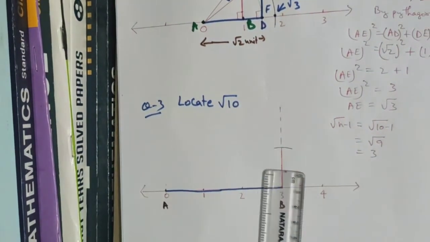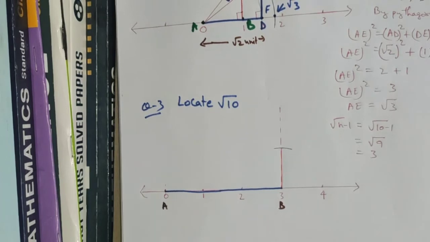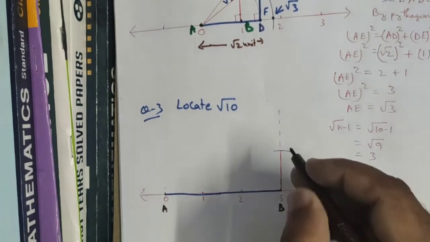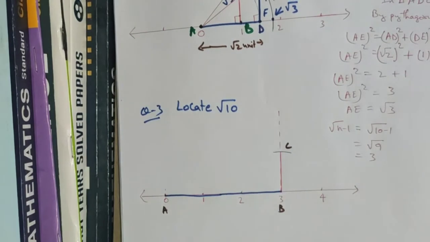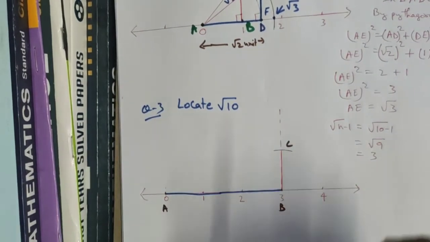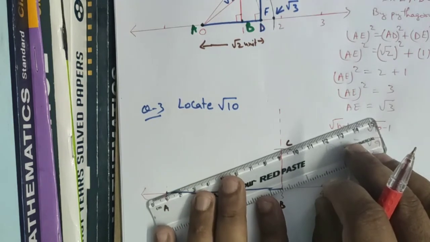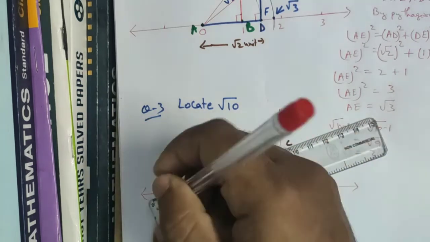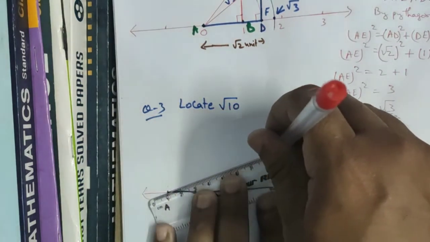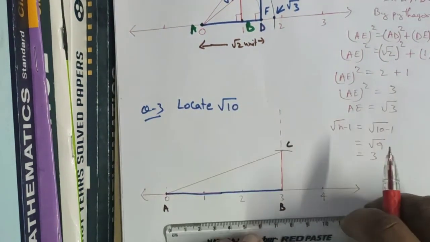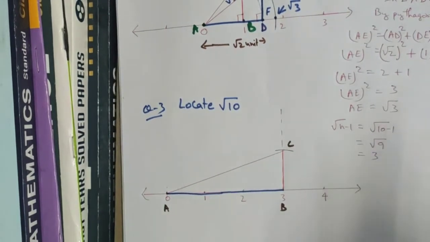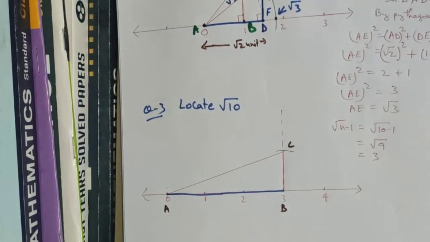Okay, so this will be point C. Again we'll join point A to C.